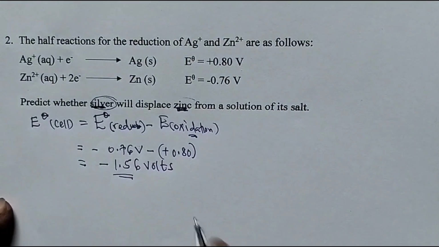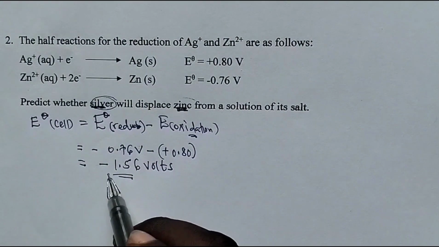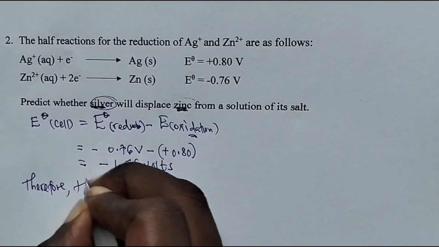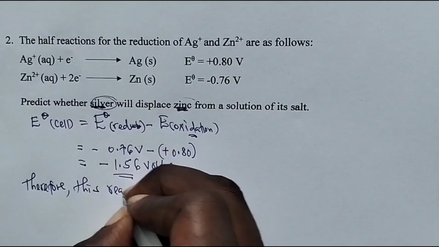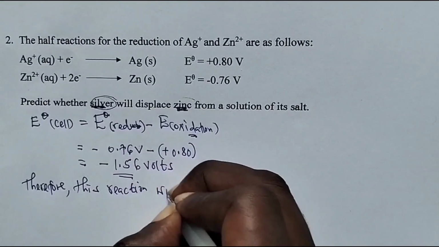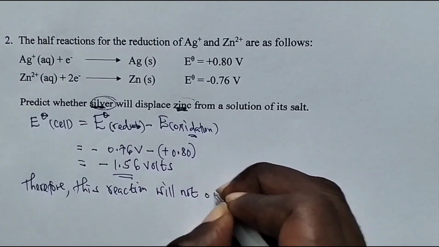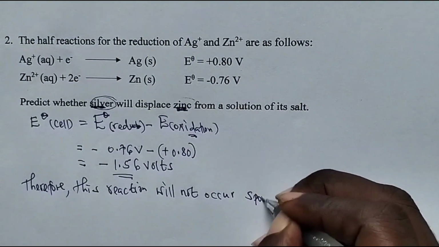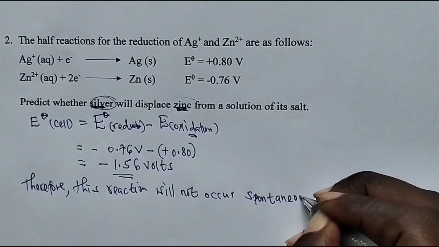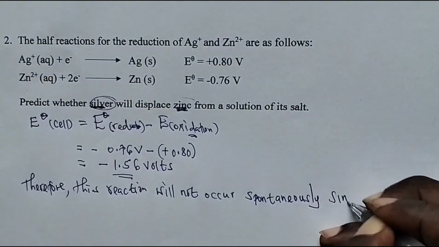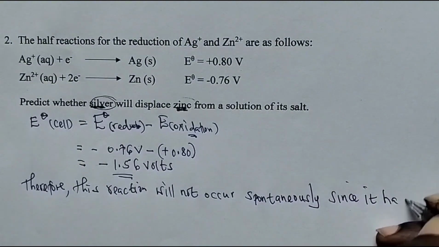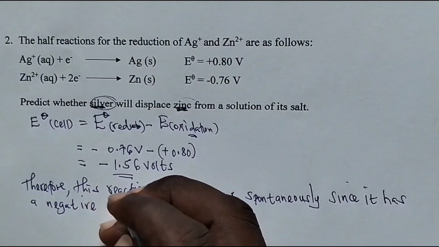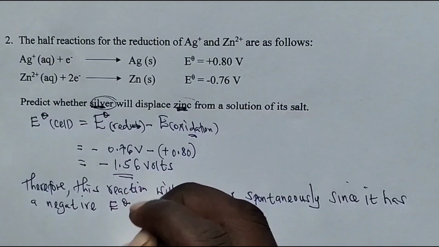So what can we conclude now? Because we have gotten a negative electromotive force, this reaction will not take place, or will not occur spontaneously, since it has a negative EMF value.